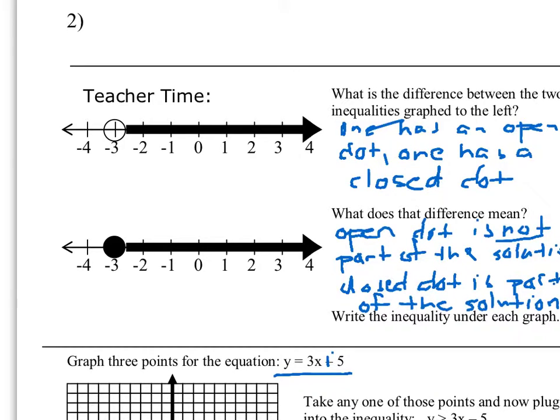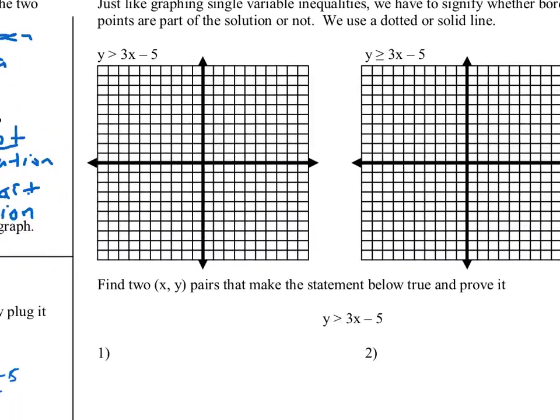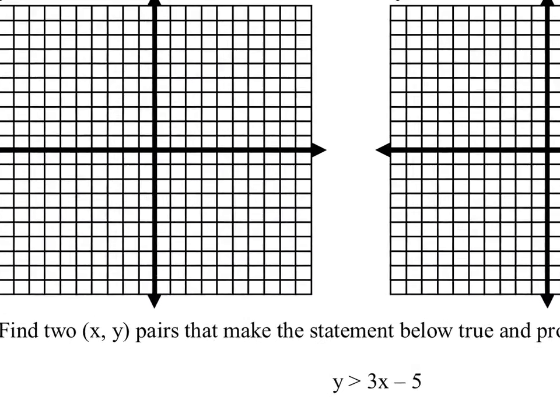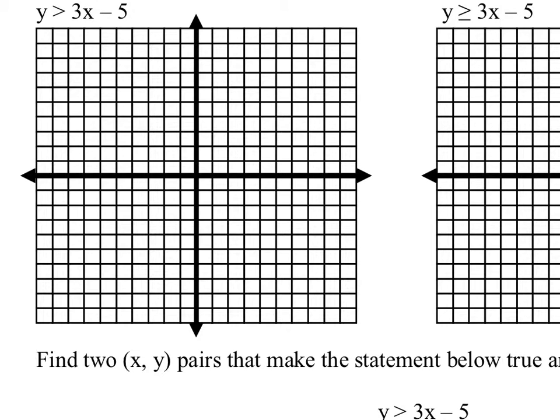It's on the borderline, but it's not part of our solution. So we're going to find a way to graph these points that are on the borderline in such a way that we recognize them as on the borderline, but not part of the solution. The way that we're going to do that is we're going to come over here for graphing the solution. We're going to go ahead and graph those 3 points as we normally would.